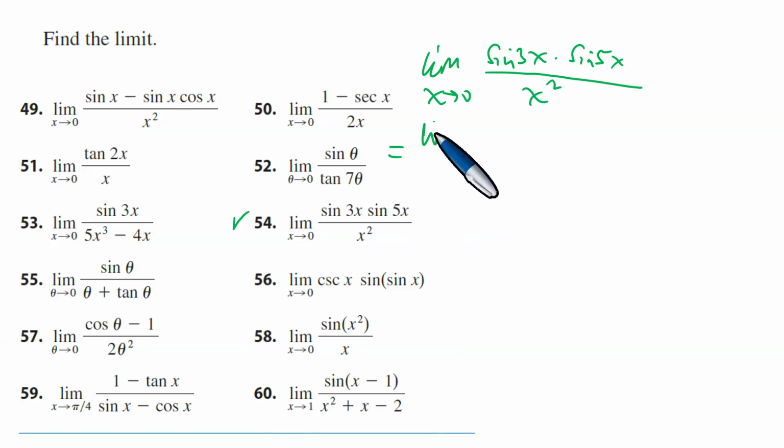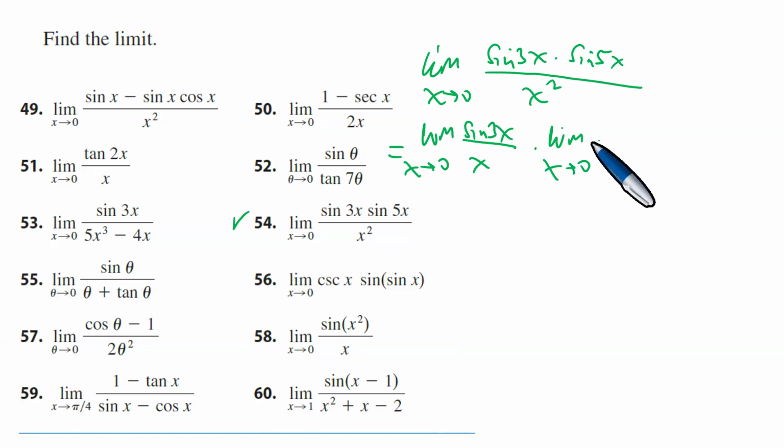So this is the limit as x approaches 0 of sine of 3x over x, times the limit as x approaches 0 of sine of 5x over x. You can break the x squared and separate the things like that.